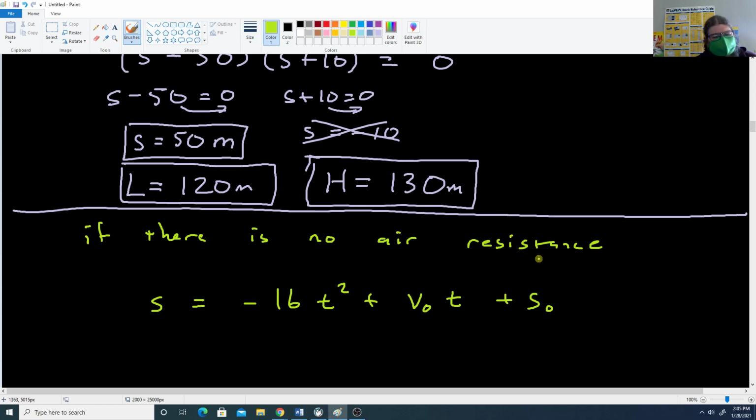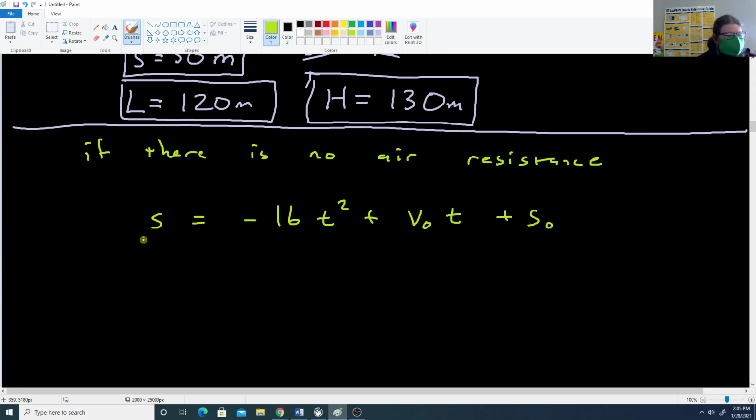This will tell the height of a projectile in feet if it's shot upwards.